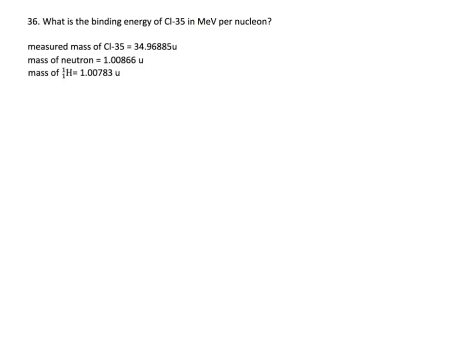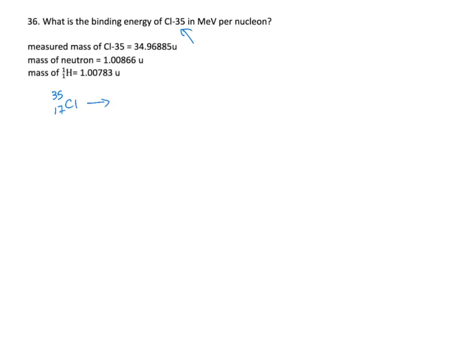Question 36. What is the binding energy of chlorine-35 in mega electron volts per nucleon? It gives us the mass of Cl-35, and the mass of a neutron and the mass of a proton. So the way we think about this is we look at chlorine-35, which if we write out the whole element, is chlorine-35 and 17.